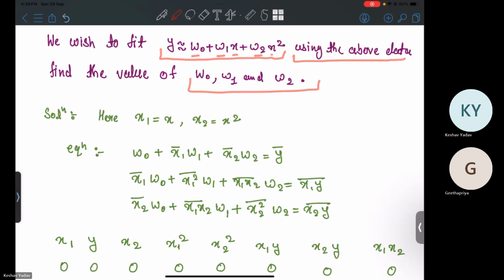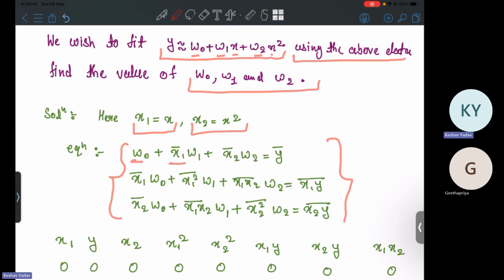So we will assume x1 will be equal to x and x2 will be equal to x square. That will lead to these three equations. First equation will be w naught plus x1 bar w1 plus x2 bar w2 will be equal to y bar. Second equation: this equation is multiplied by the x1 bar, so x1 bar w naught plus x1 square bar w1 plus x1 x2 bar w2 will be equal to x1 y bar.